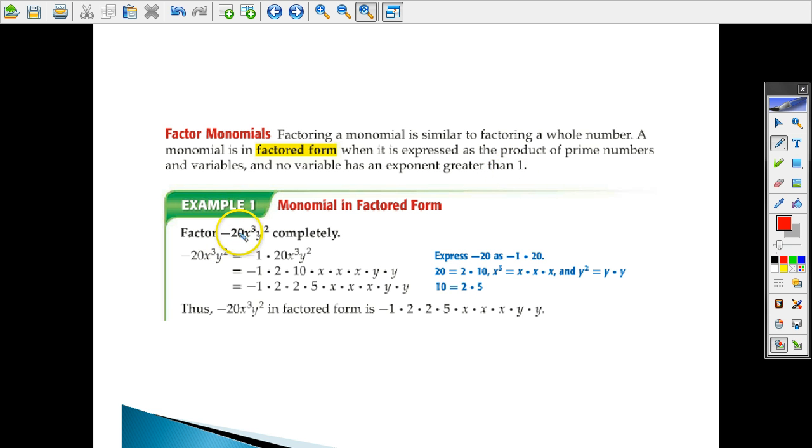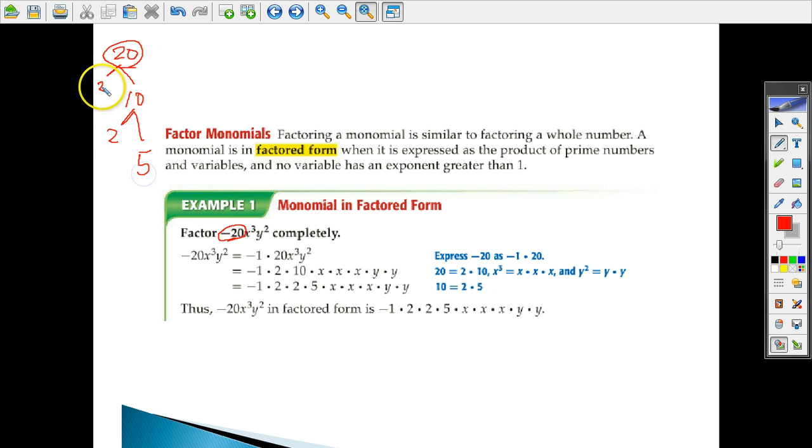So here, if you're factoring negative 20, and if you remember how to do a factor tree, you can use that. So I'll go with 2 first, 10, and you have 2 and 5.